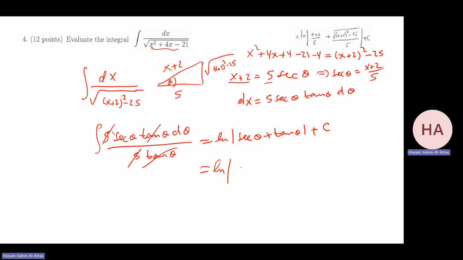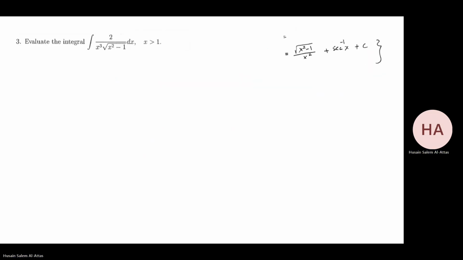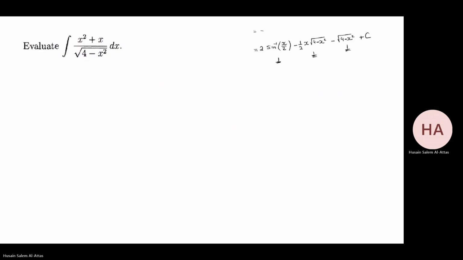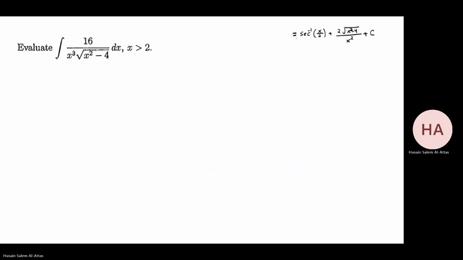What is secant? It is x plus 2 over 5. And that will be tan, which is opposite over adjacent, which is this. Sometimes maybe without 5, sometimes with 5. It will be the same. Good.